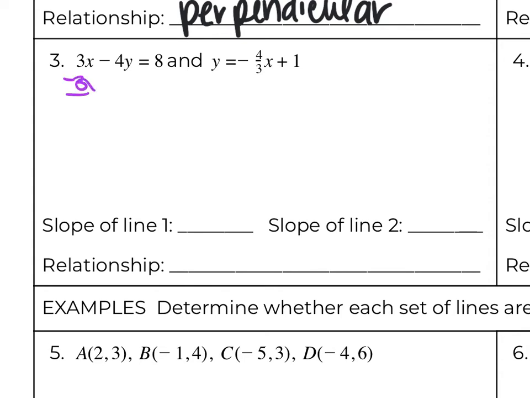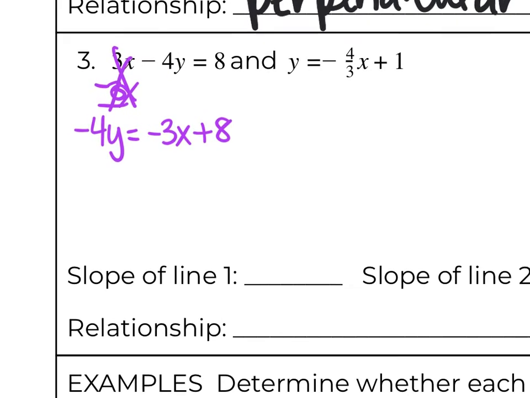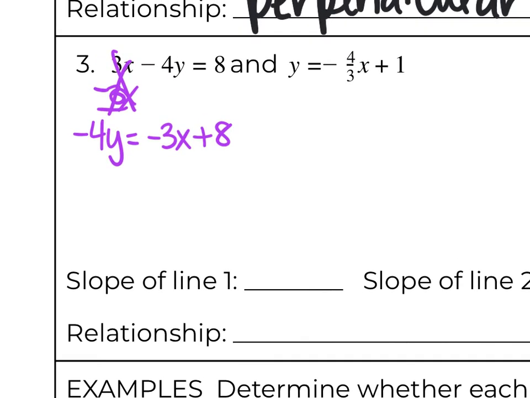So minus 3x. Now I have negative 4y equals, put the x first, negative 3x plus 8. Okay, Dorian, what's the next step? If I have negative 4y, how do I move the negative 4? That's times right now, so opposite of times is? Yep, divide it. What if I only do this? What's the problem there?